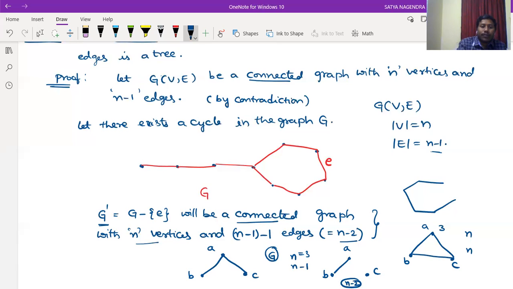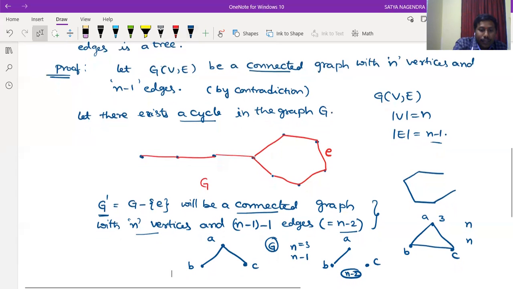Okay, so we are starting with the assumption that there exists a cycle. Because we are taking a cycle like this, we are getting this wrong statement, which is a contradiction to that statement.